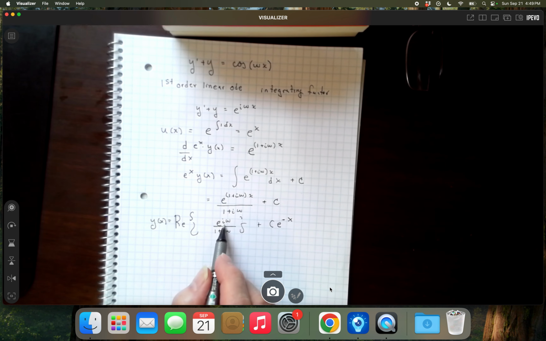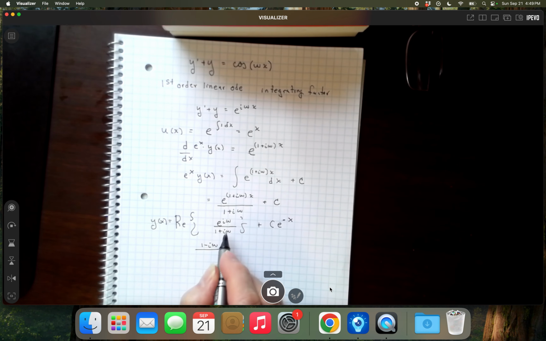So this we're going to have to write as this 1 minus i omega, multiply top and bottom by the complex conjugate. When you multiply this by 1 minus i omega, the denominator becomes 1 plus omega squared.